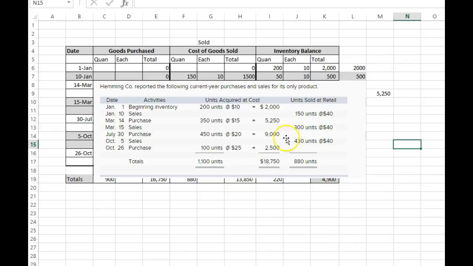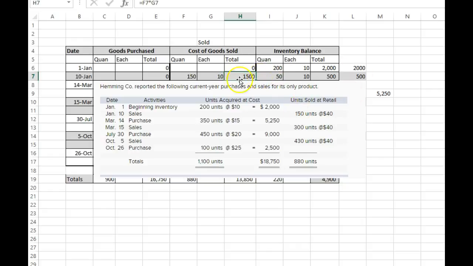So I'm using FIFO, so I have 200 in stock that cost $10 each, and I'm now selling 150 of these. So if I put 150 here, they cost $10. So I multiply that out. So my cost of goods sold is $1,500. So I have that taken care of.